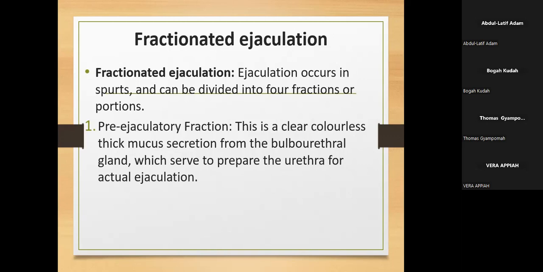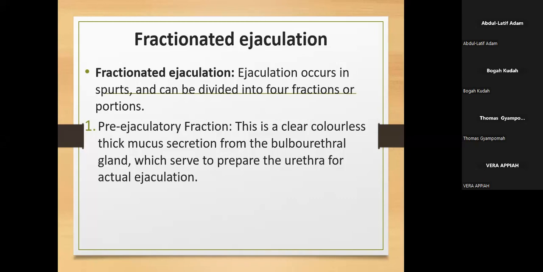The example I use is, if you have witnessed goats. If a goat is having an affair with a she goat, and you drive them away, you will see that the male goat releases the semen coming out in bits.